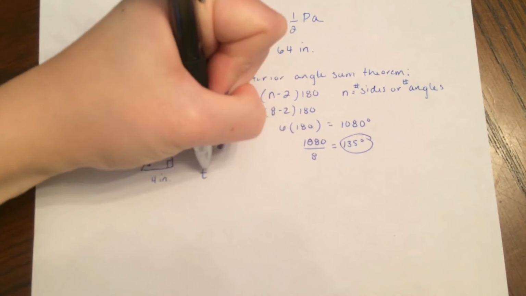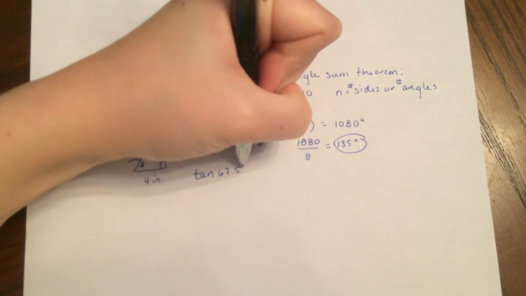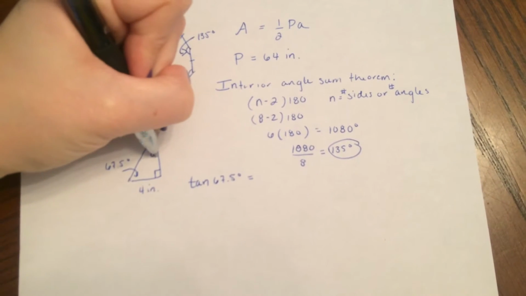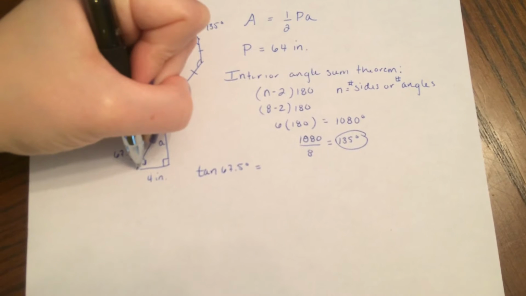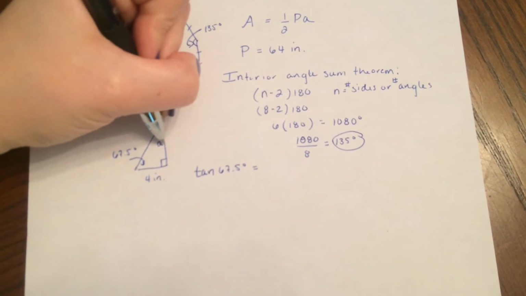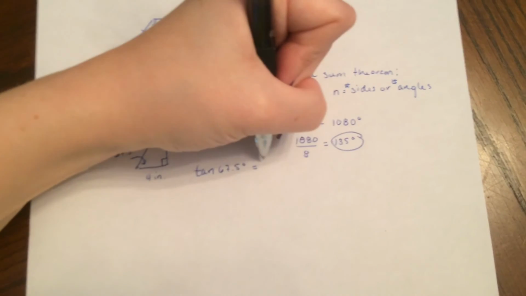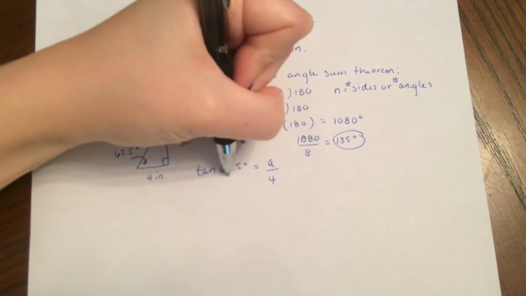I'm going to take the tangent of 67.5 degrees and set that equal to my apothem over 4. Tangent is opposite over adjacent, opposite is my apothem, and adjacent is my 4 inches.